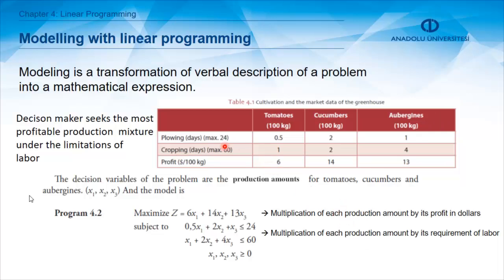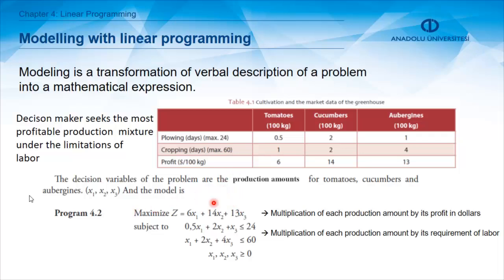So we have two procedures for each plant, which are plowing and cropping, and these are limited by the possible workforce. There are 24 days for the plowing process, and there are 60 days for the cropping process. Possible manpower for this process is at maximum 60. Now we pass on to modeling.